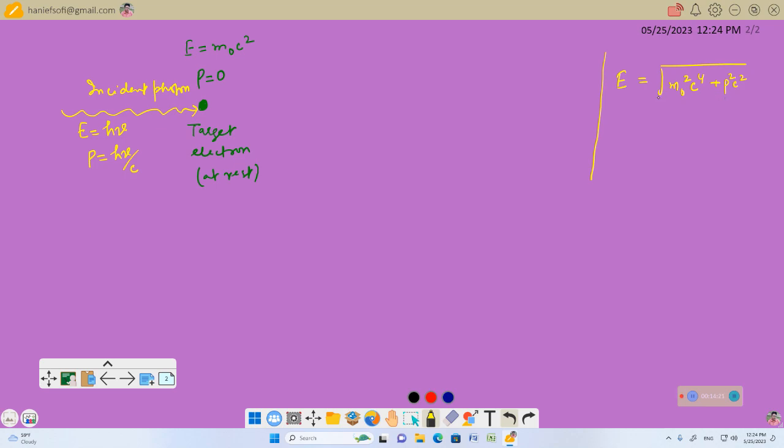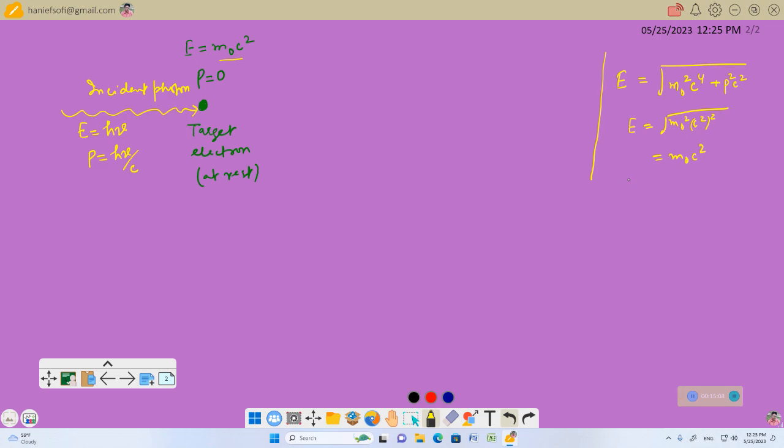So if the momentum of the particle is zero, that means if it is at rest, then E becomes simply square root of m naught square c to the power 4, which you can write as m naught c square whole square under the square root. When you take the root out, it becomes just m naught c square, which is the rest energy. So when my electron is at rest initially, its total energy is just m naught c square, which is its rest energy.